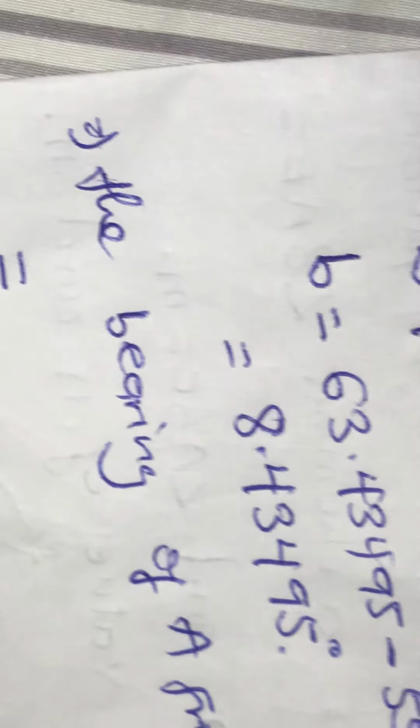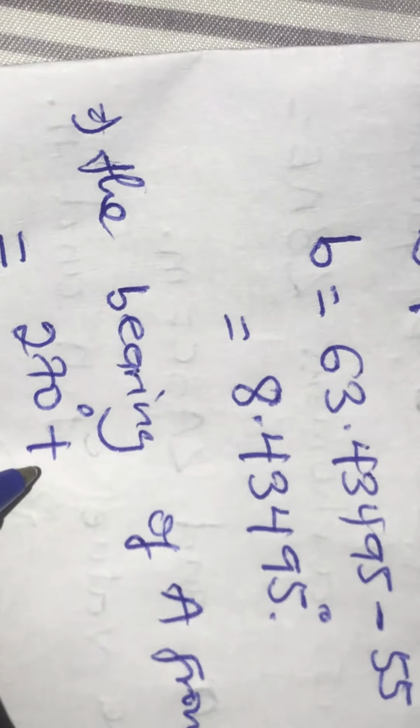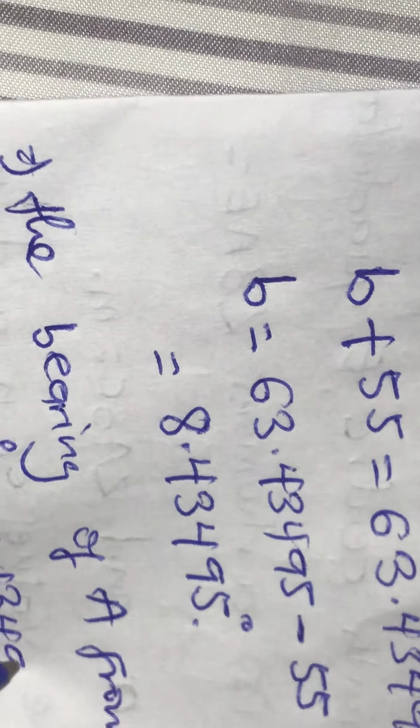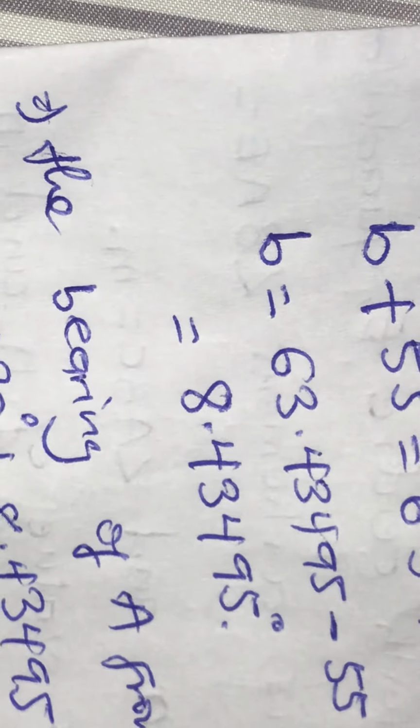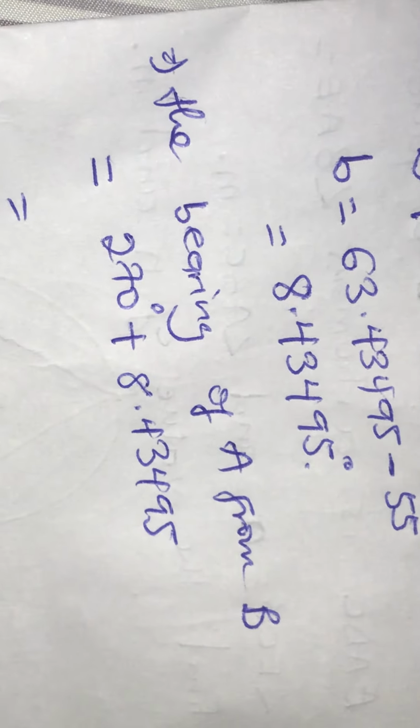So you can say that the bearing of A from B is equal to 270 degrees plus our 8.43495, and that is giving us, I'm waiting for you to punch.